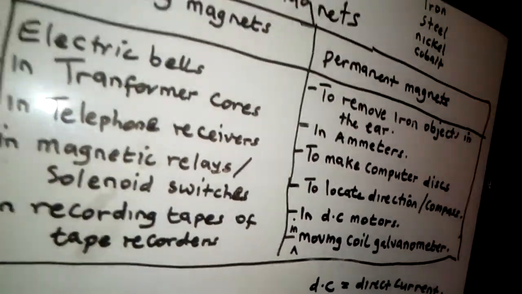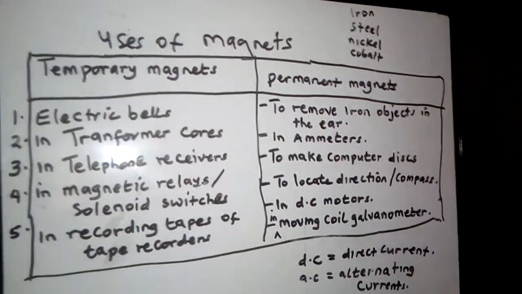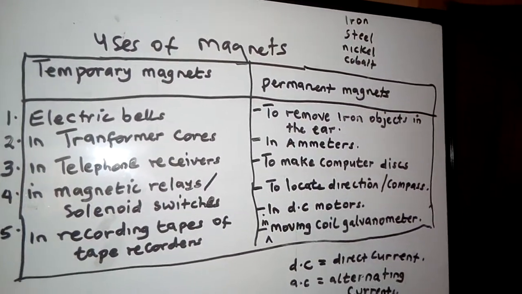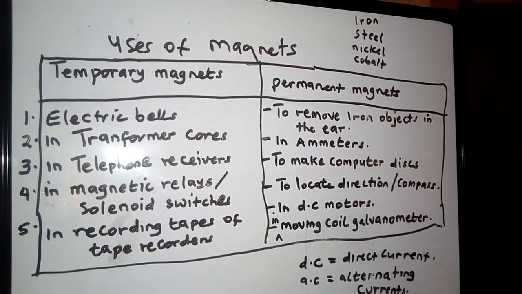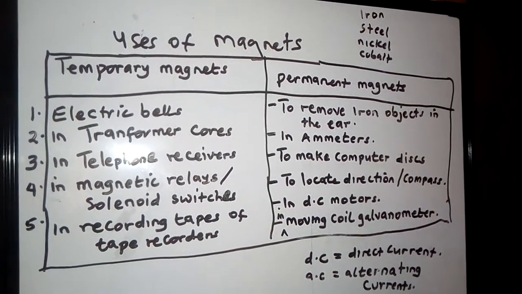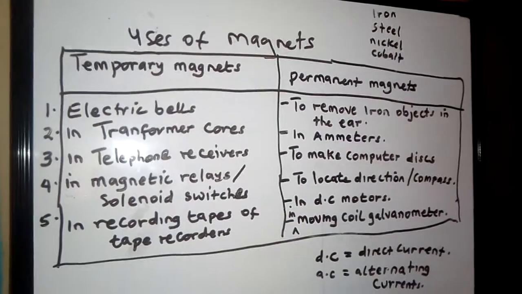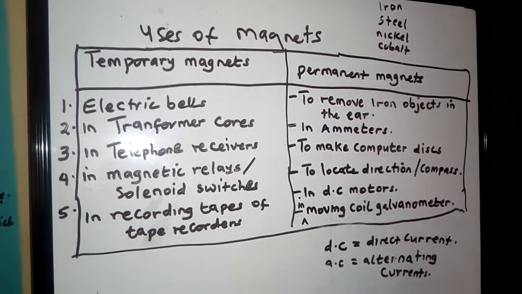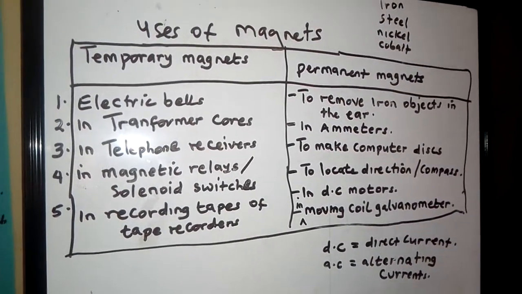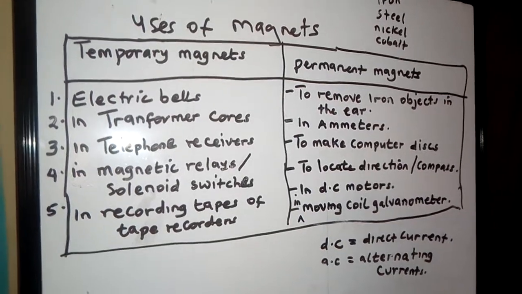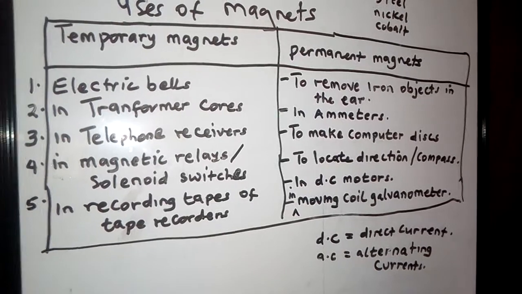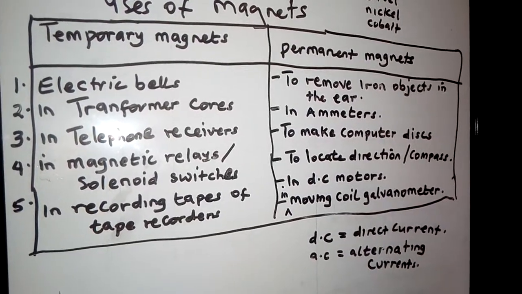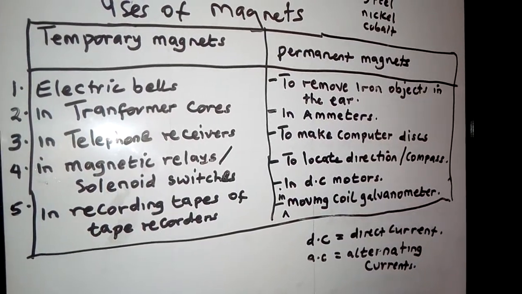So briefly, this is how our table looks now. Uses of magnets, temporary magnets and permanent magnets. So if somebody says list uses of magnets, that person has given you the freedom. You can list all of them, uses of both temporary and permanent magnets, because both of them are magnets.